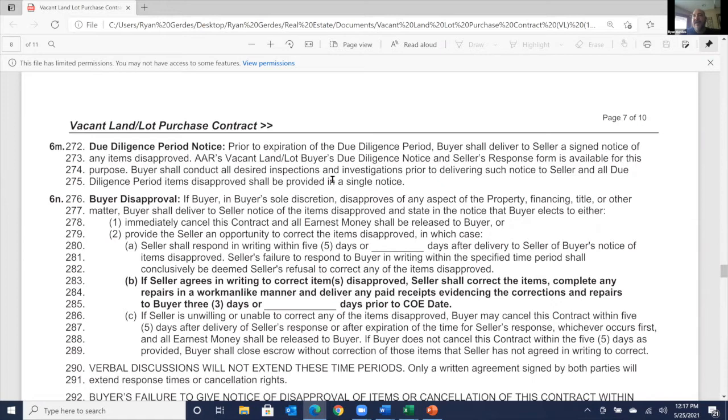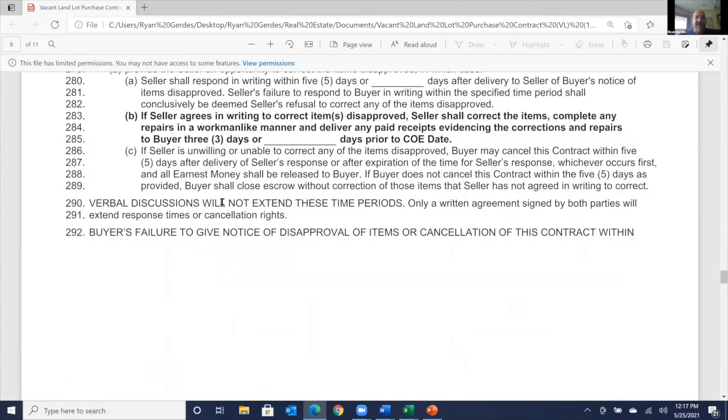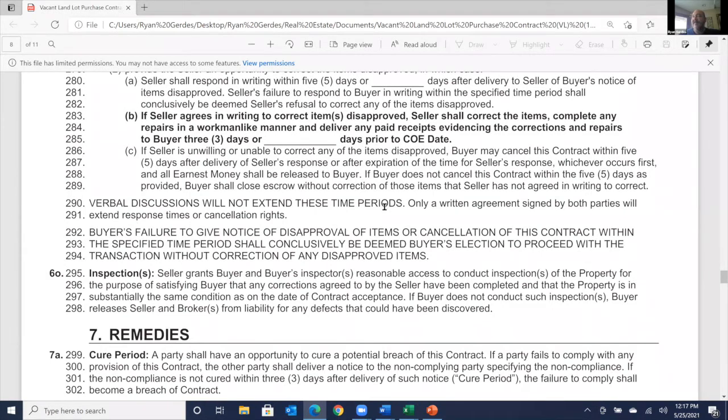But door number three, that is essentially a second wave of negotiations, if you will. Maybe there needs to be better roadway conditions, or maybe the well needs some work or whatever. At that point, you would renegotiate with the seller on that. Verbal discussions will not extend time periods. As a matter of fact, verbal discussions don't matter at all when it comes to any type of real estate purchase contract.